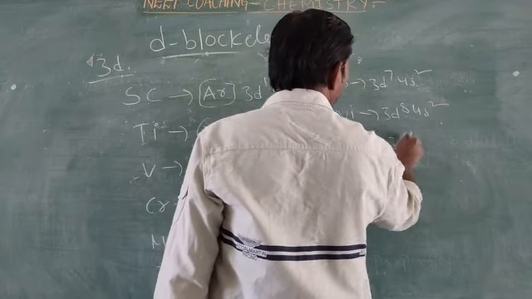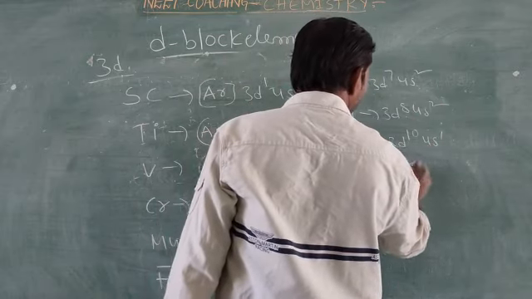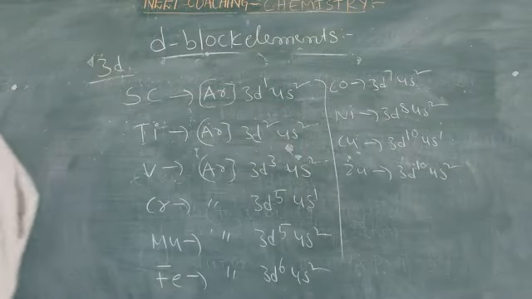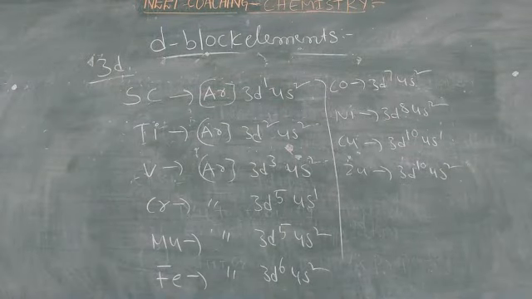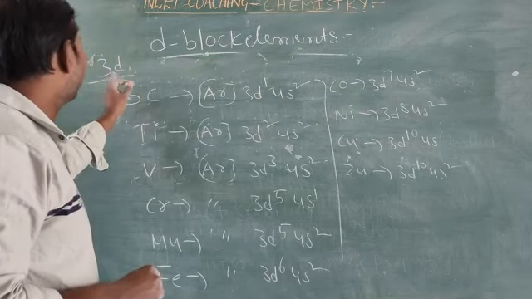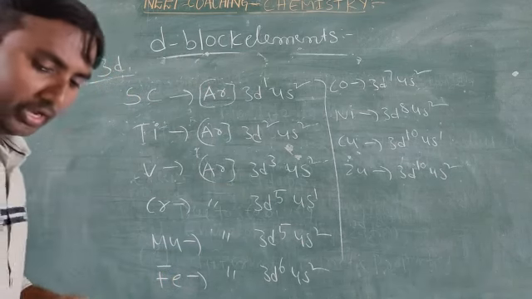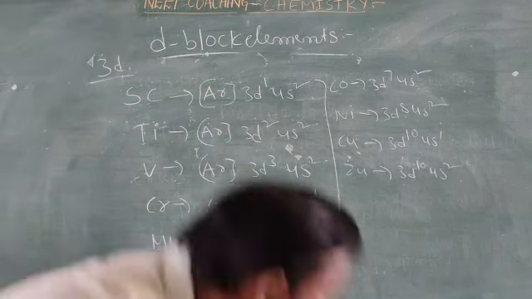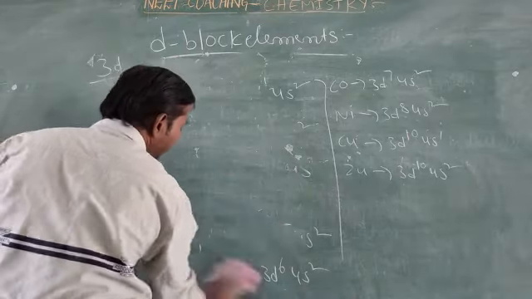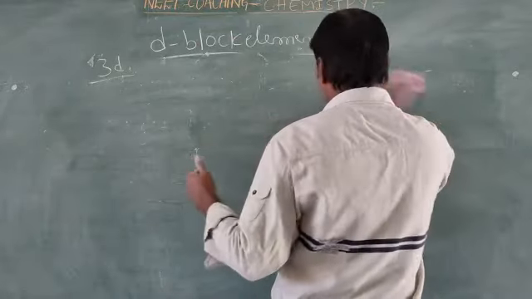Copper 3d10 4s1. Zinc 3d10 4s2. Okay, these are the electronic configurations for the 3d series. They are useful in further topics also, so you should learn the 3d series electronic configurations perfectly.